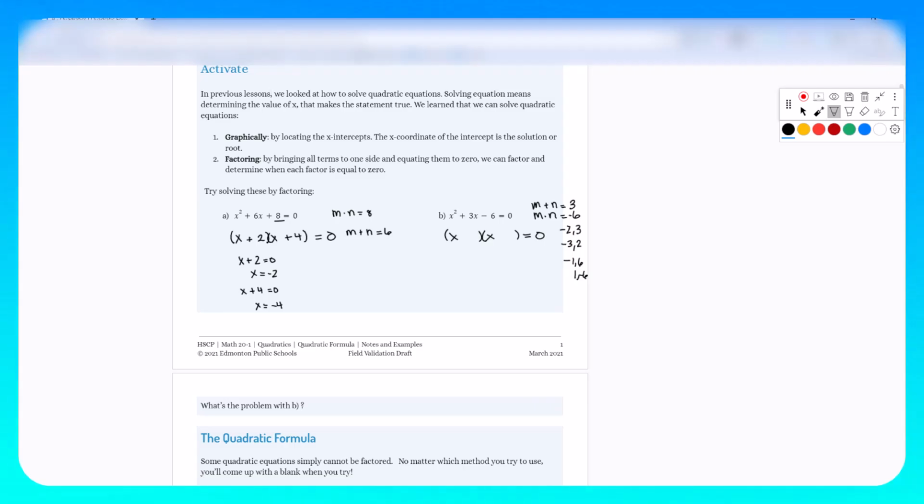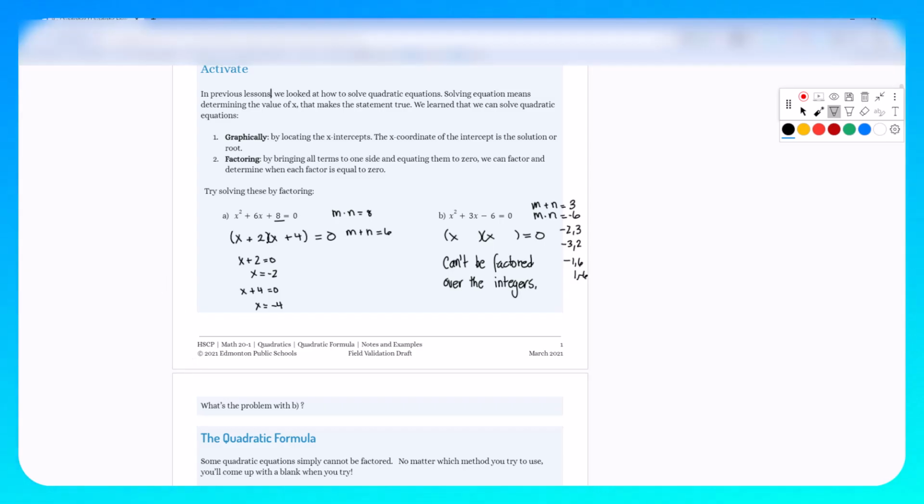So this means we cannot factor this over the integers. That's how we say it. This means that either there are no solutions, or we need a different method of finding the solutions algebraically.